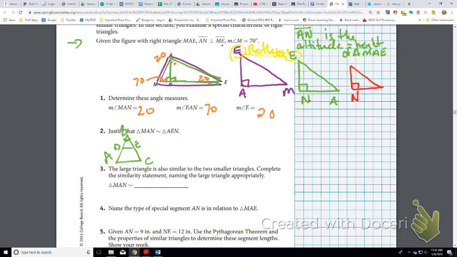Which angle is going to be reflected off the big one? M. So M is the one that's reflected. Move him over to the bottom, and then A goes on the top. So that is also a reflection.